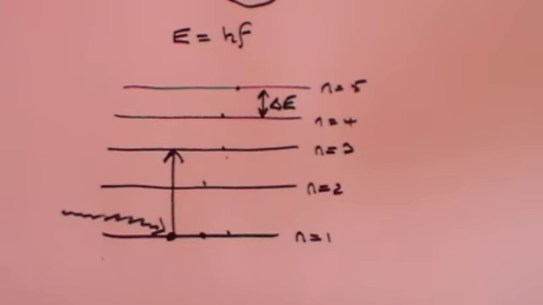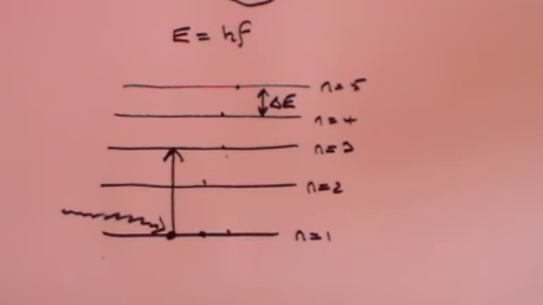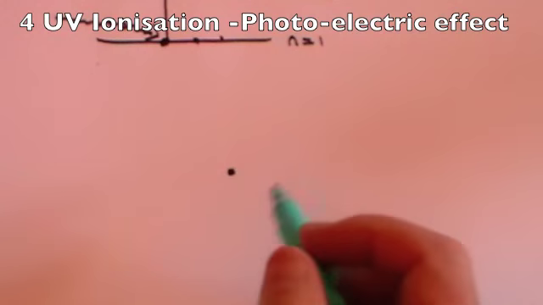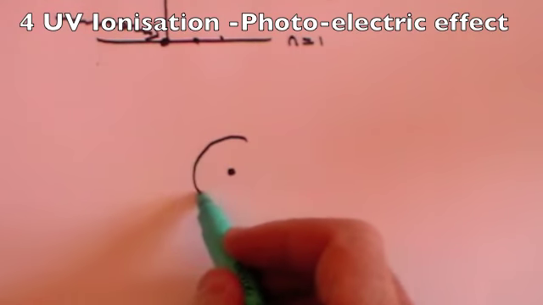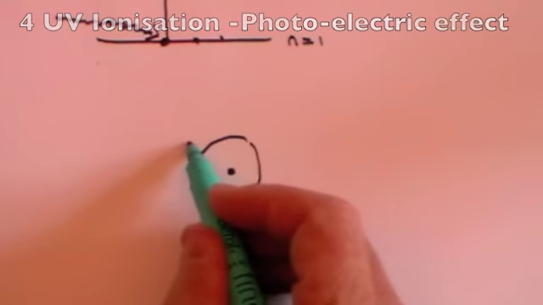Ultraviolet light can contribute to electron excitation, but it can also do something else, and that's called ionization, or the photoelectric effect. Here is the atom, that's the nucleus. Here is the orbiting electron.